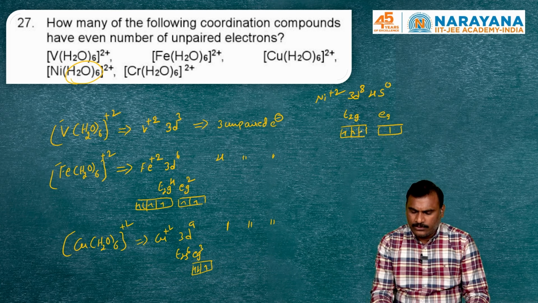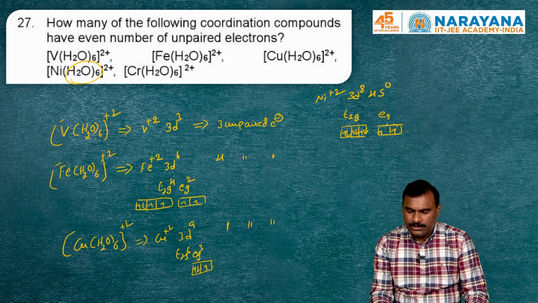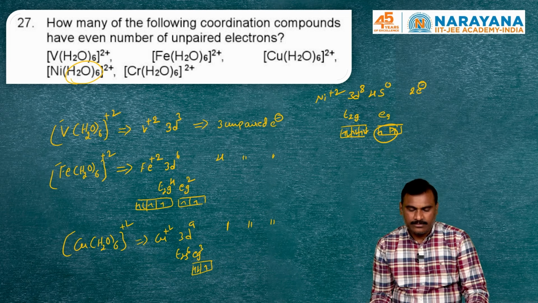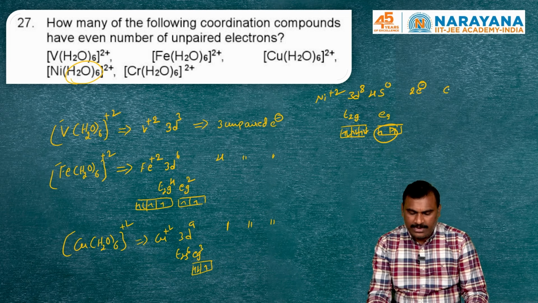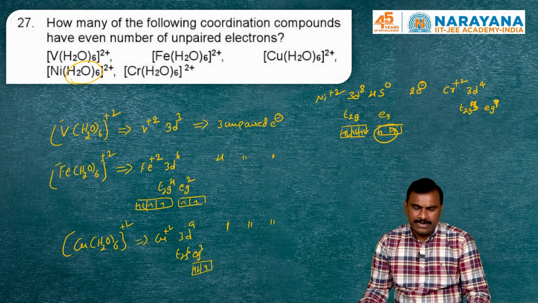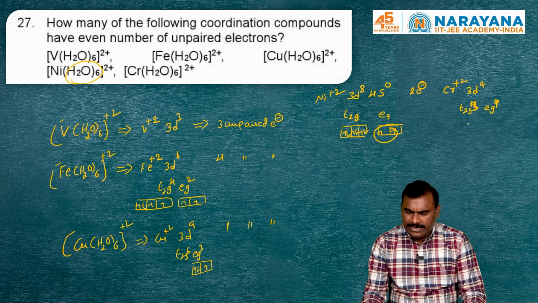Counting 1 2 3 4 5 6 7 8, 2 unpaired electrons are present. Now let us go for chromium, the last one. Chromium plus 2, 3d4. Here, with weak field ligand, t2g3 and eg1, 4 unpaired electrons are present.